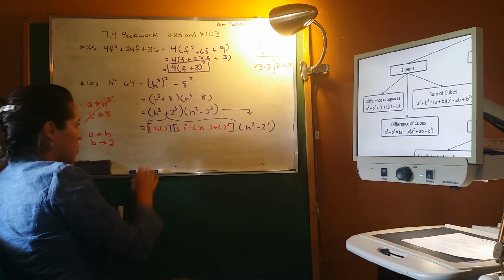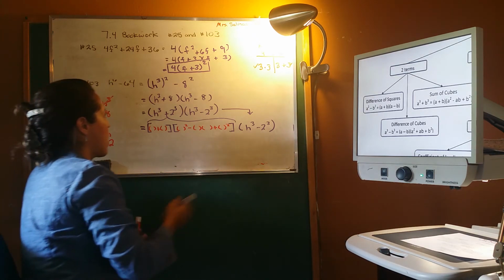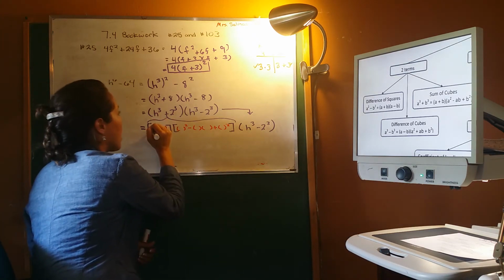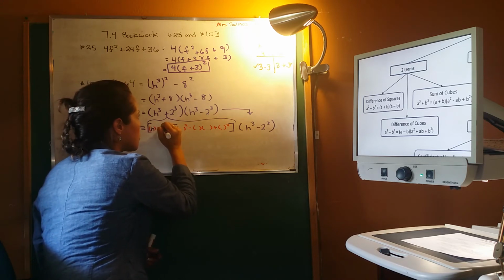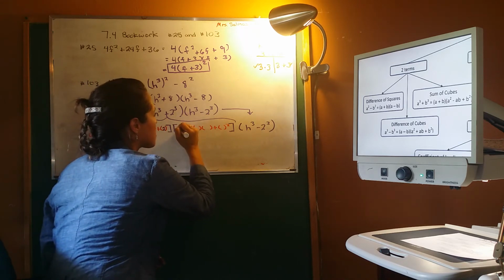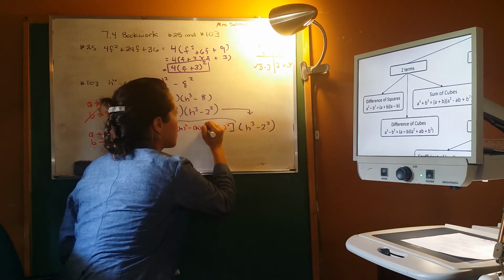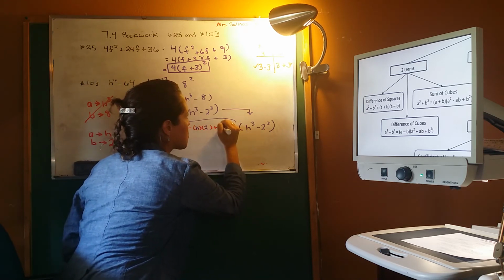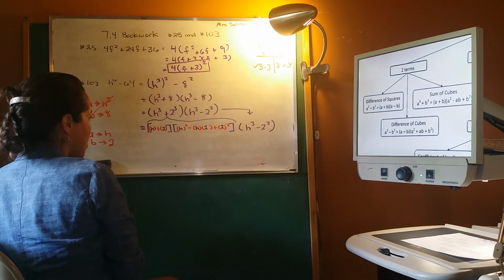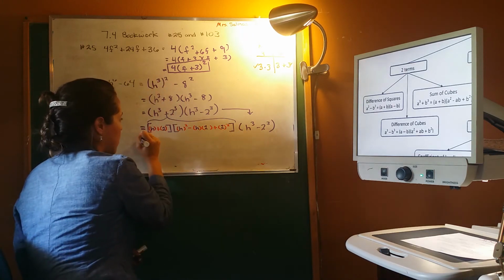Okay, and then we fill in what we have for A and B here. So I've got h, 2, h, and then AB, so it's going to be h, 2, and then B squared, which is 2. And then we're ready to simplify.